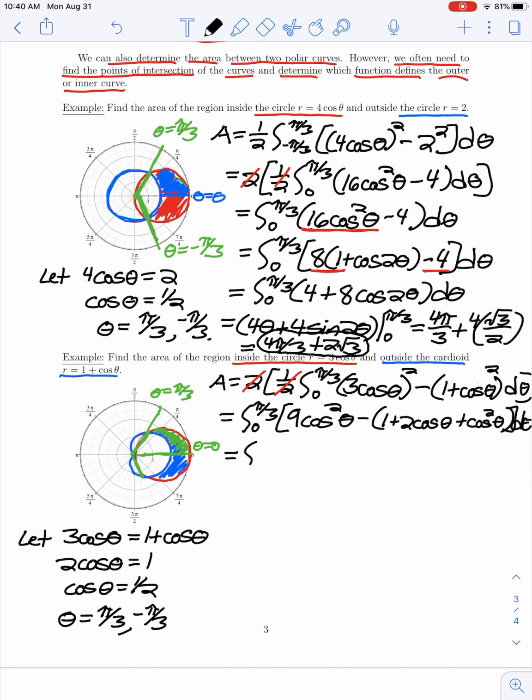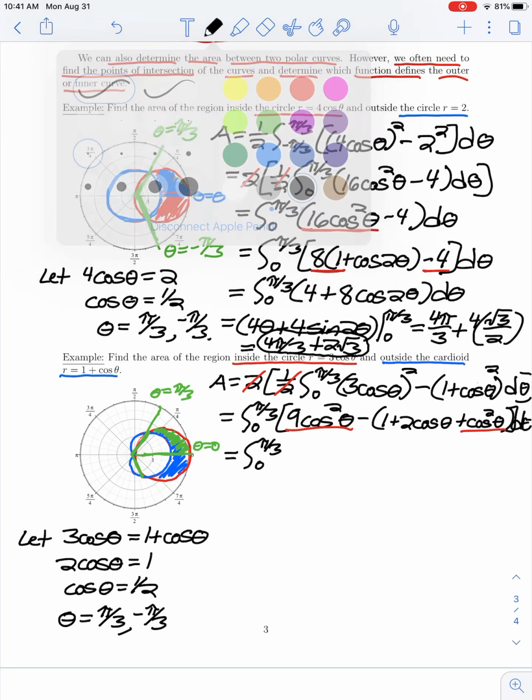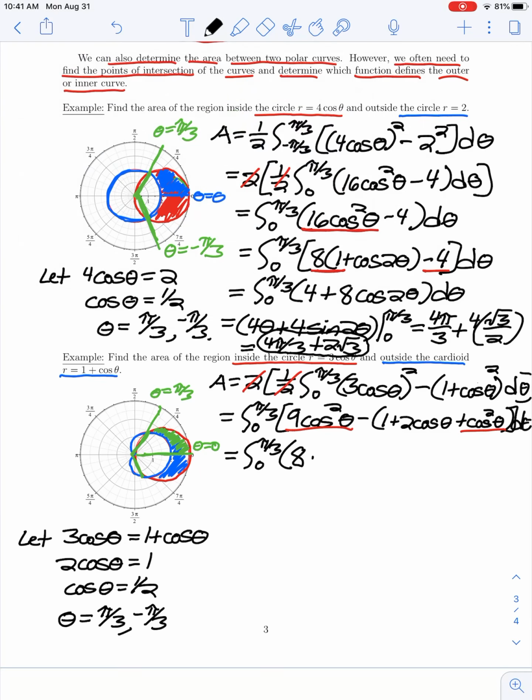So simplifying just a bit, we have the integral from 0 to pi over 3, and this 9 cosine squared theta, and then minus our cosine squared theta, we can group together as 8 cosine squared theta, minus, we have a 1 and minus 2 cosine of theta d theta.